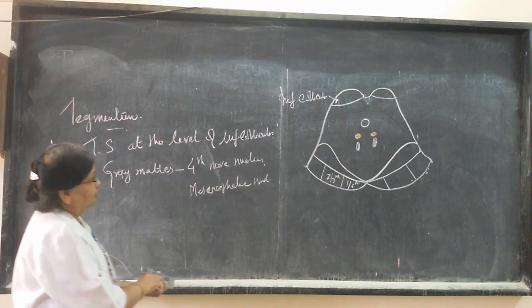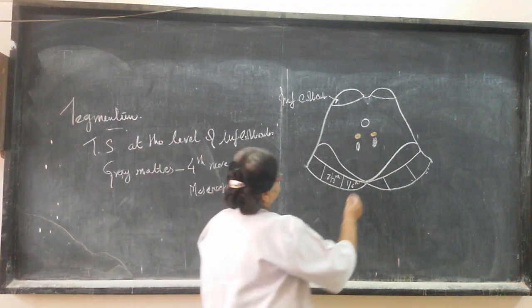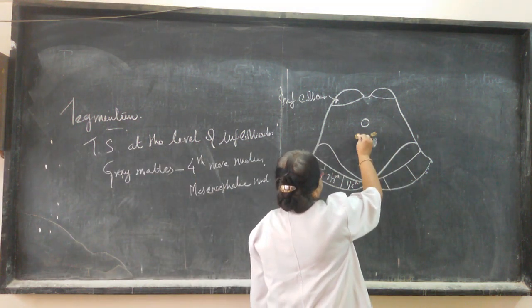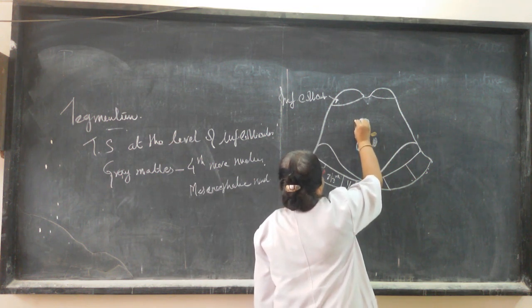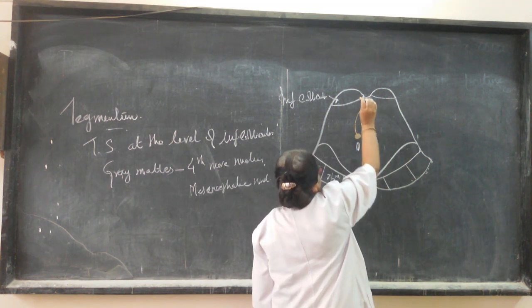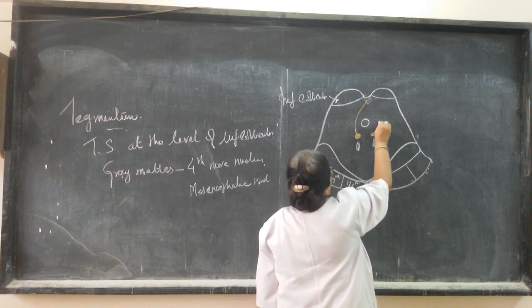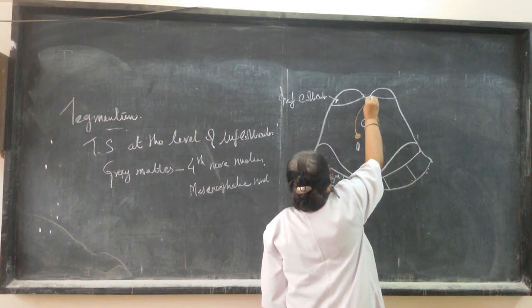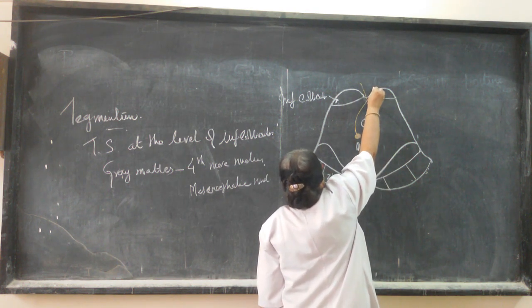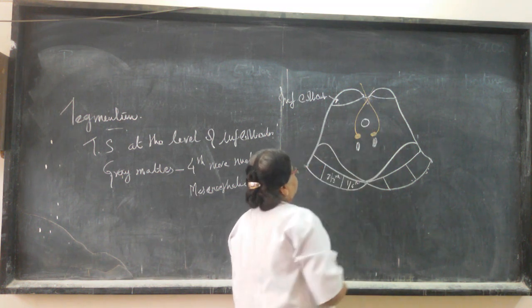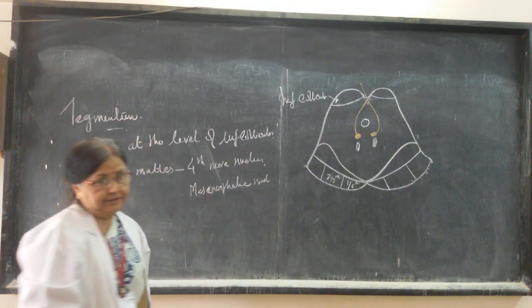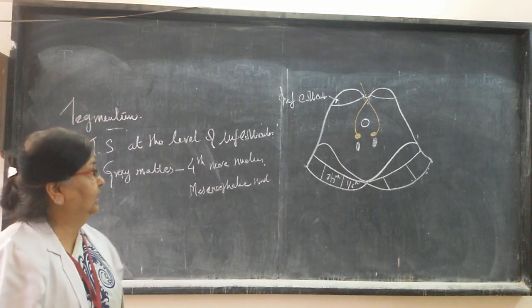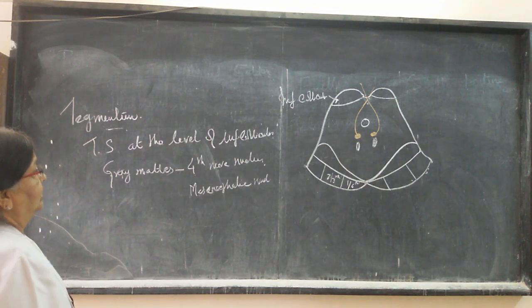The fibers of the fourth cranial nerve go dorsally and laterally and then medially, and they cross in the median plane and emerge on the dorsal surface by piercing the superior medullary velum.